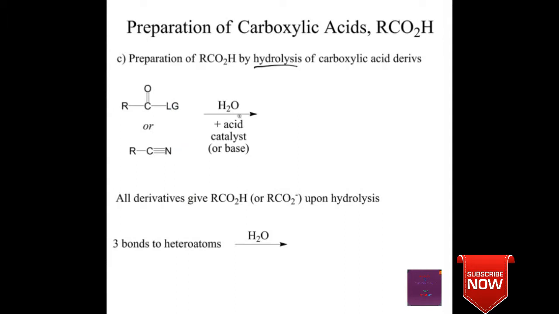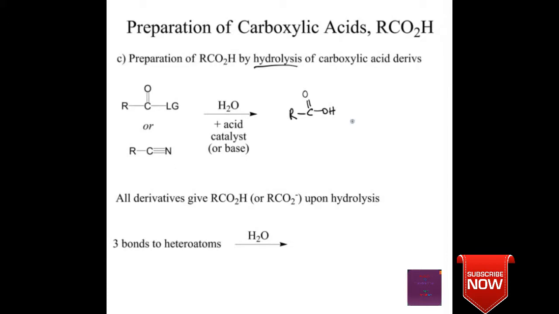If you take these and you react them with water plus some acid catalyst, this also works with base. If we do water and acid, we get a hydrolysis, and the product we get is a carboxylic acid. So this is really what defines something as a carboxylic acid derivative: these are all compounds that upon hydrolysis give a carboxylic acid as a product.